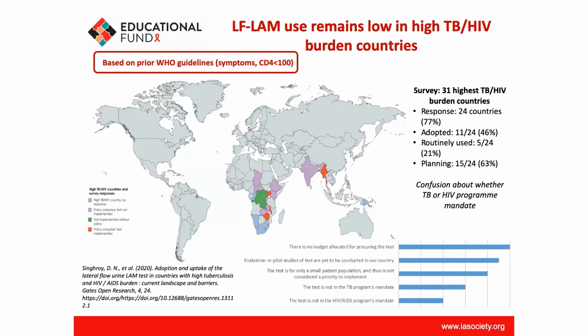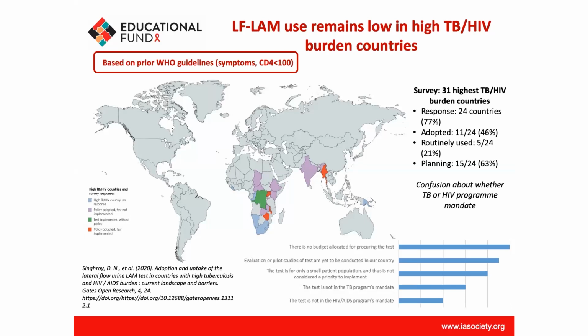Nevertheless, the main reasons given for the poor uptake had much less to do with the guidelines and more to do with no budget being allocated for the procurement and implementation of the test. No pilot studies being done in country to evaluate the use of the test locally.